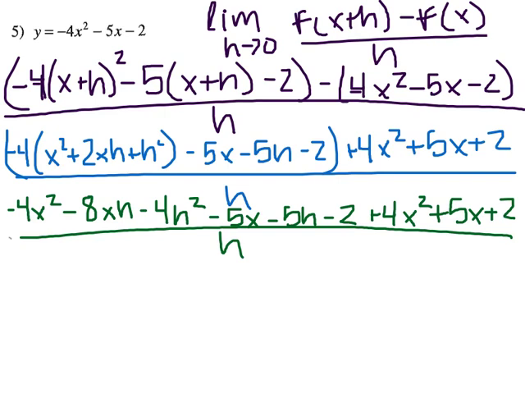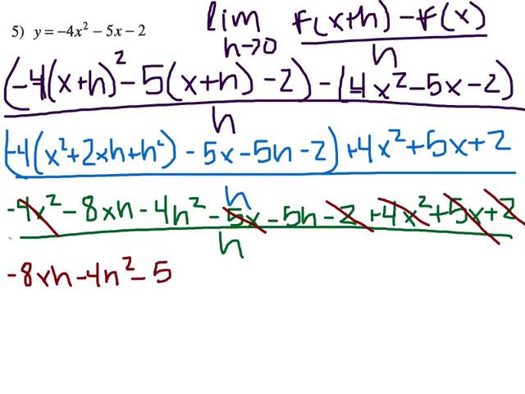Let's do some fruit ninja here. Negative 4x squared, positive 4x squared. Negative 5x, positive 5x. Negative 2, positive 2. And we have negative 8xh minus 4h squared minus 5h all over h.